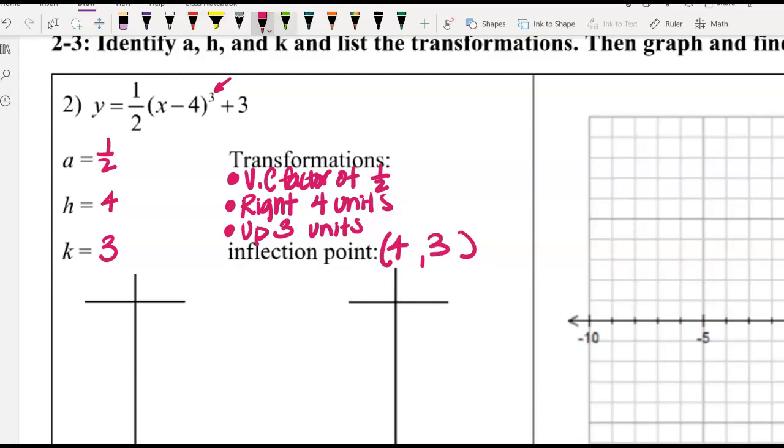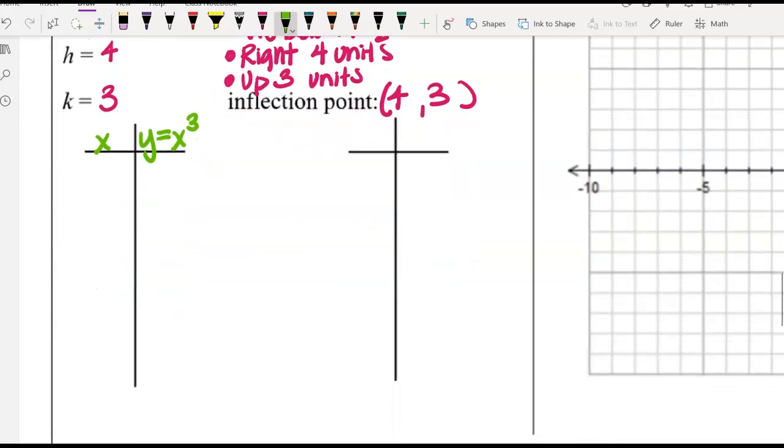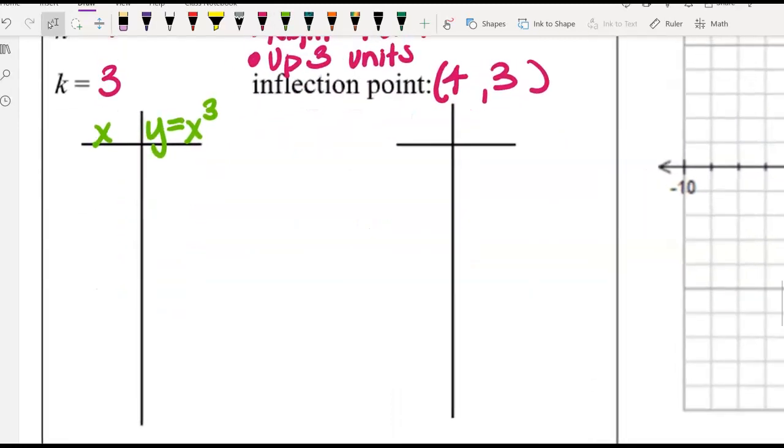Now let's fill out your parent function, which for the cubic is always going to be y equals x to the third. For the quadratic, the parent is y equals x squared. For the linear, it's just y equals x. So 5 inputs, the same exact 5 inputs as the quadratic, but your outputs will be different.